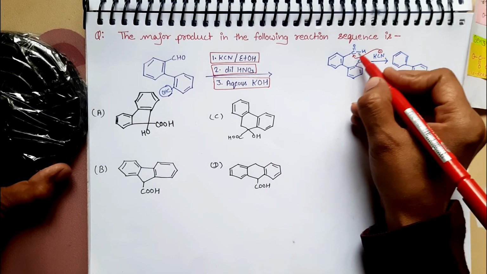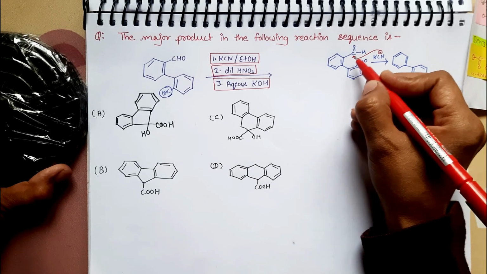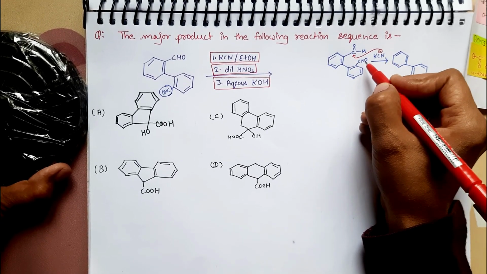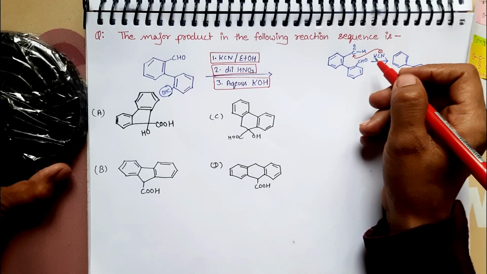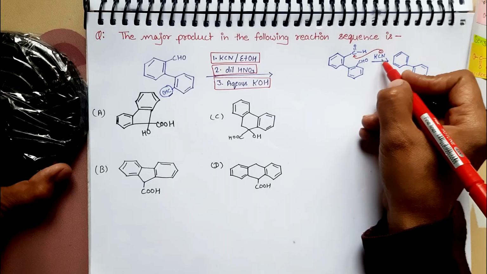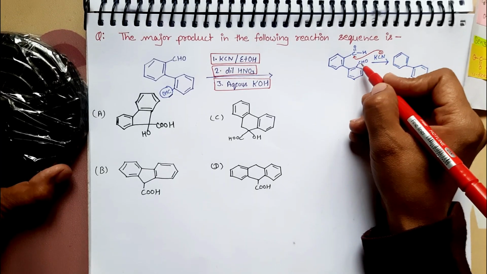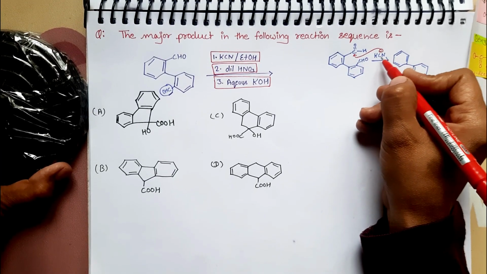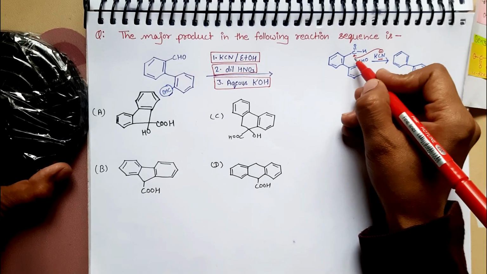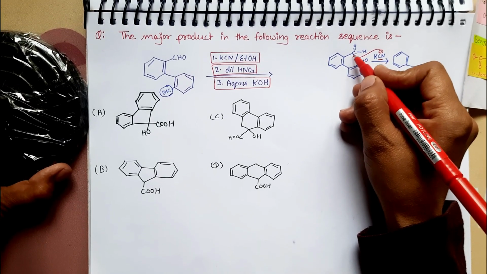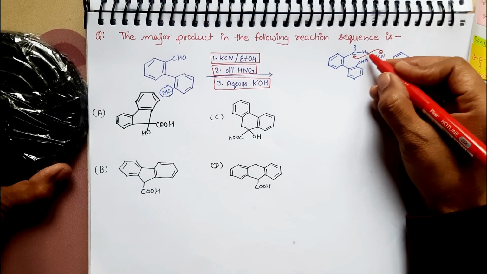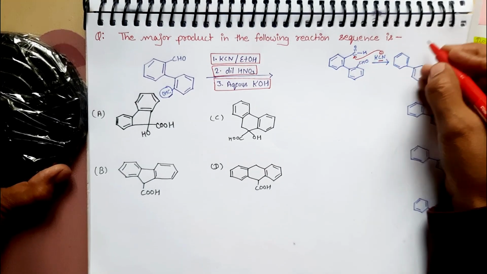So this nucleophile attacks any one of these aldehydes. We assume this cyanide group attacks on this carbonyl group. So after this nucleophilic attack, what do we get?